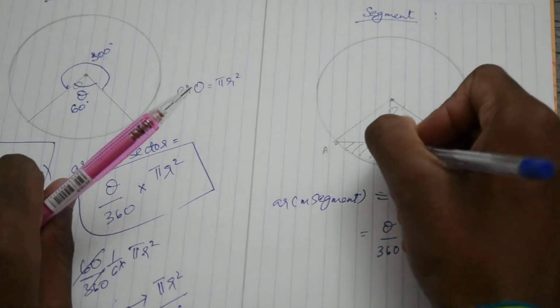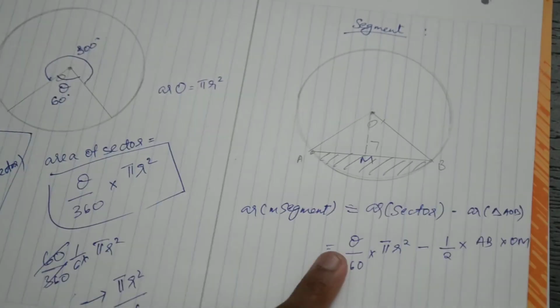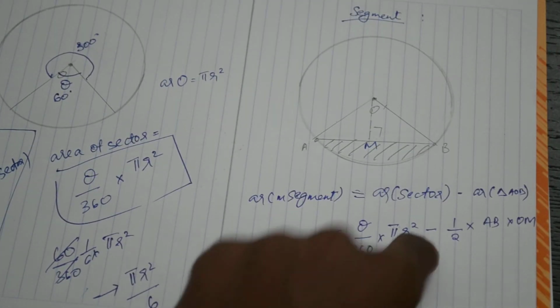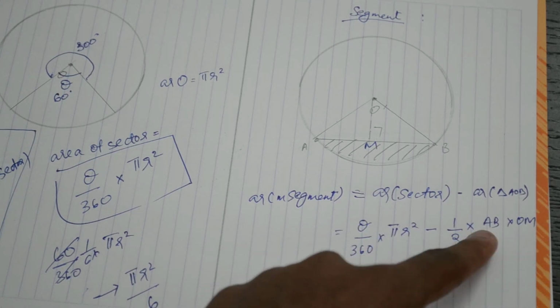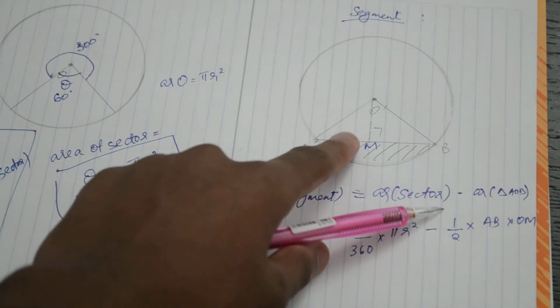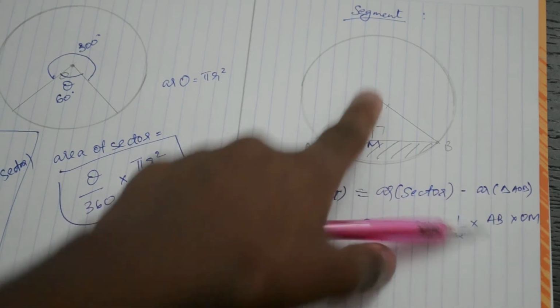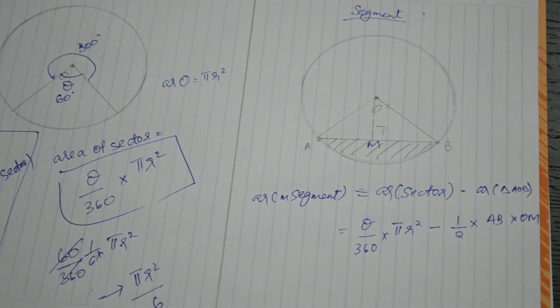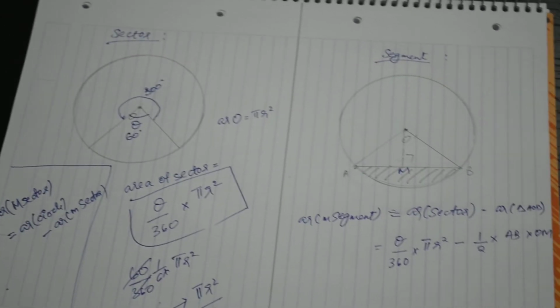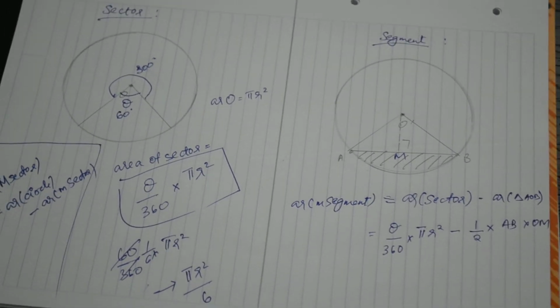Let this point be M. So we get theta by 360 into pi r square minus half into AB into OM. In the next video I'll demonstrate a question where you require to find the height. You need to use a little bit of trigonometry. So that's all the important concepts for this chapter. Next video I'll show you some example questions.